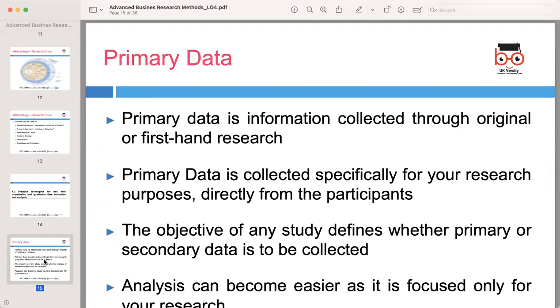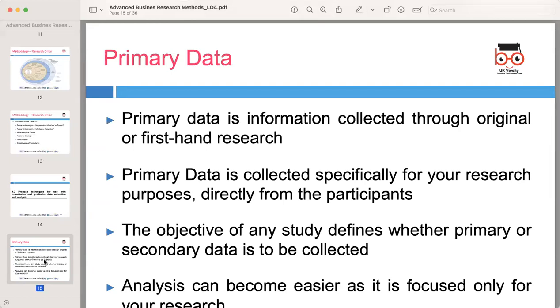It is collected directly from the participants themselves. The objectives or goals of your study determine whether you need to collect primary or secondary data. Primary data is usually collected when you want to obtain new and unique information that is relevant to your specific research topic.